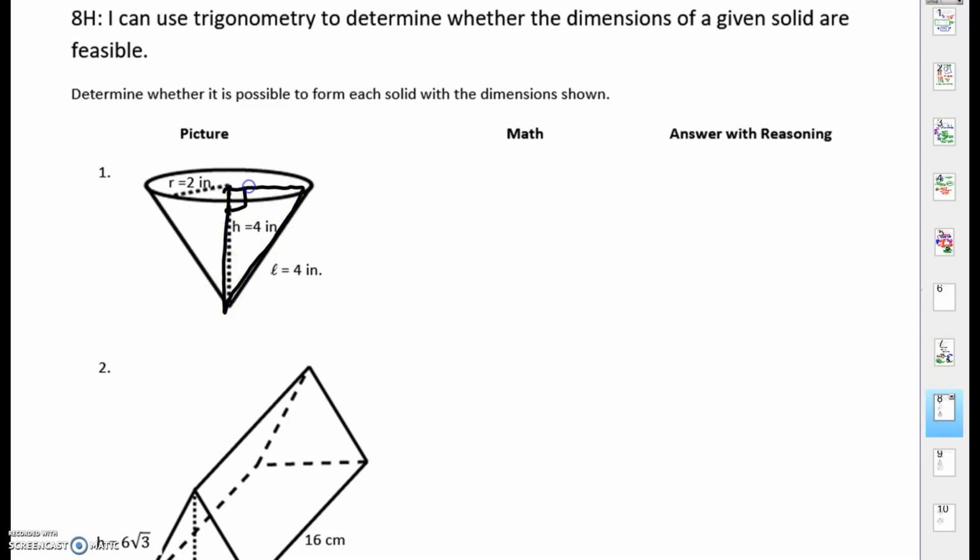And I'm going to determine if that right triangle works. And so we're going to use Pythagorean theorem over and over and over again. So here, I'm going to see, does 2 squared plus 4 squared equal 4 squared? Does that work? Well, 4 plus 16, in fact, does not equal 16. So this is not feasible, okay?